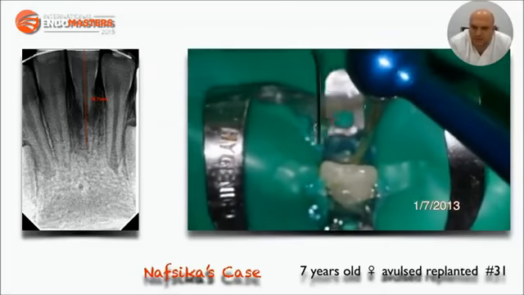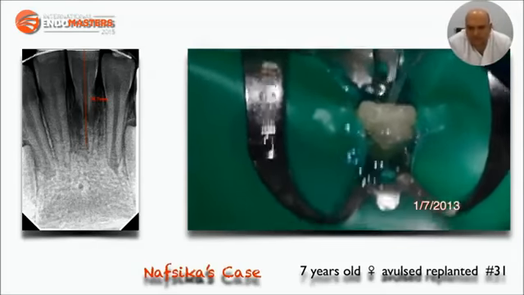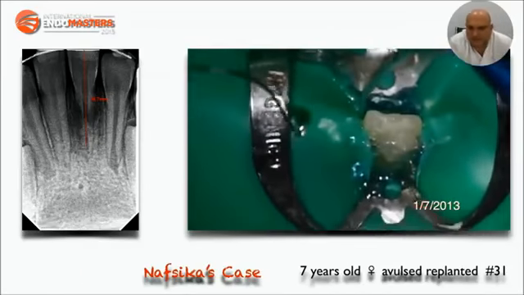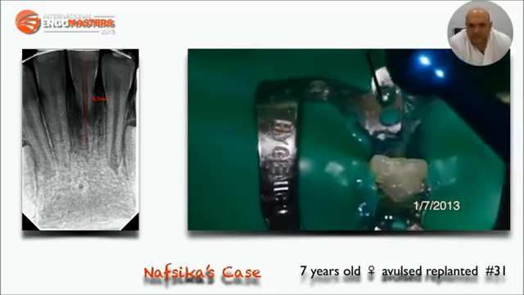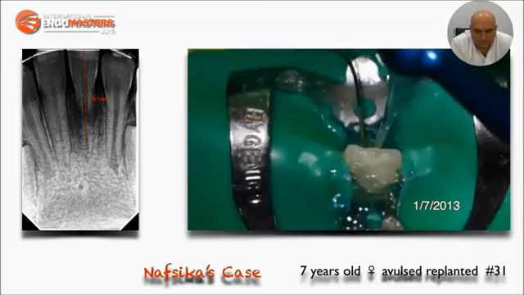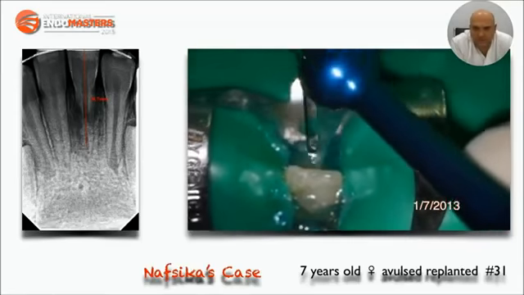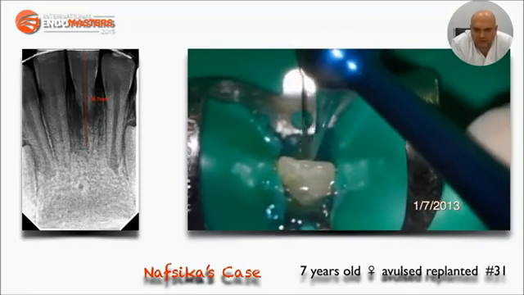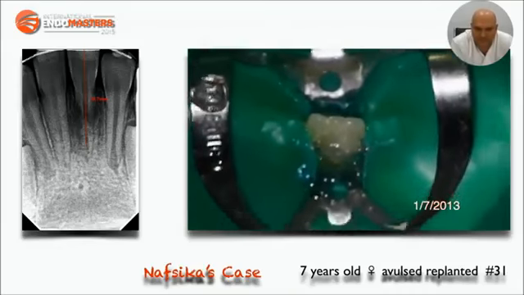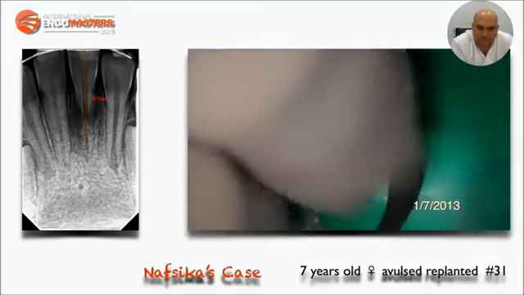In the next appointment, 1 week later, little Nafsika was more cooperative, and now I could perform exactly the same techniques with negative pressure irrigation with sodium hypochlorite. You can see again the knots in the macro cannula of the EndoVac, and I'm injecting sodium hypochlorite in my access cavity, and sodium hypochlorite gets evacuated from the canal.